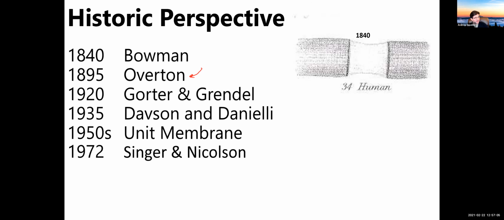By 1920, this couple here, Gorter and Grendel, they did some really ingenious experiments to postulate that the membrane was a lipid bilayer without looking. This is how they did it, and we're going to end today on this story here.